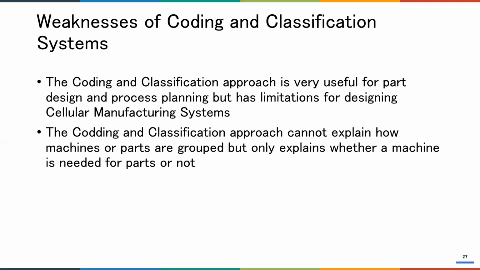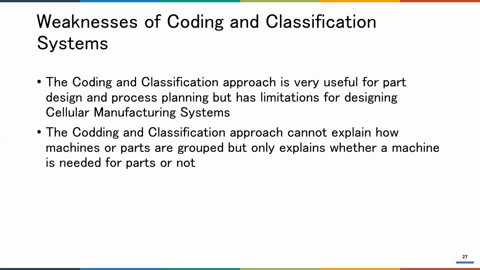Sometimes, when we try to build the machine cell, we do it by grouping all the part families together, right? And that's going to be okay if your production system is not that complicated.